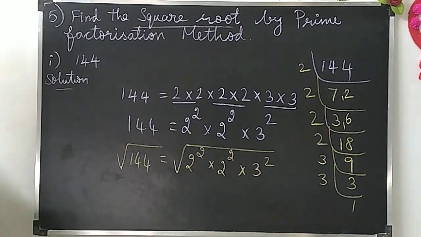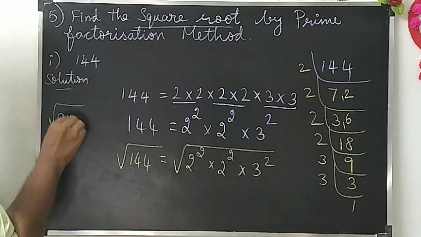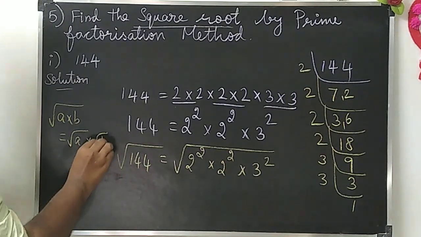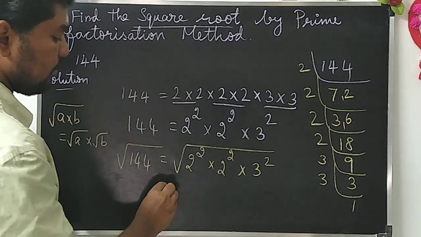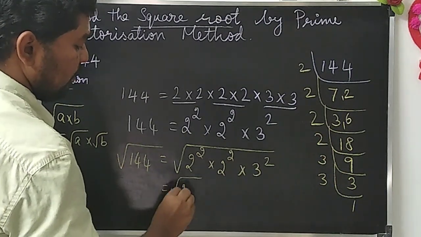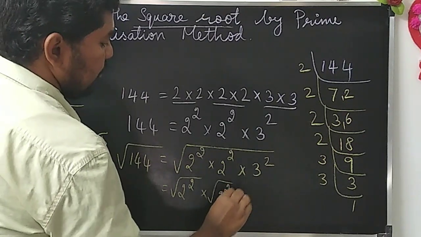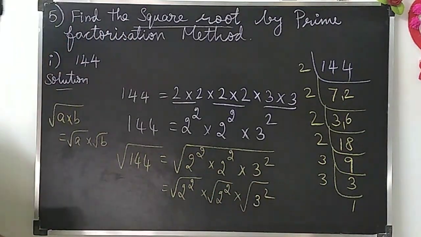Already in the previous class you studied the formula: square root of a into b can be written as square root of a into square root of b. Using this formula we split the square terms: square root of 2 power 2 into square root of 2 power 2 into square root of 3 power 2.